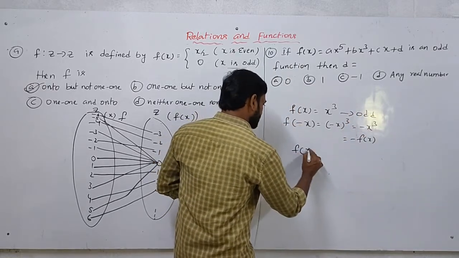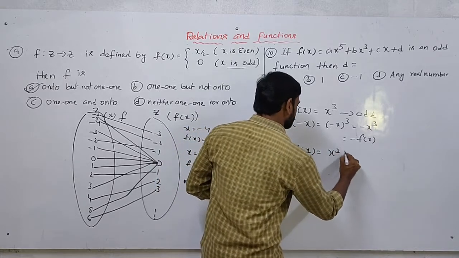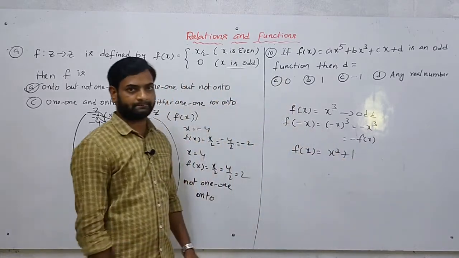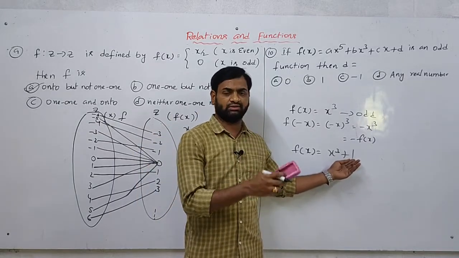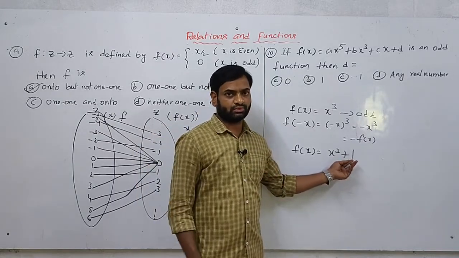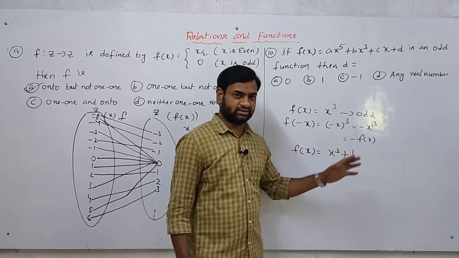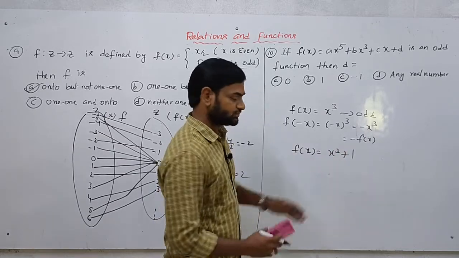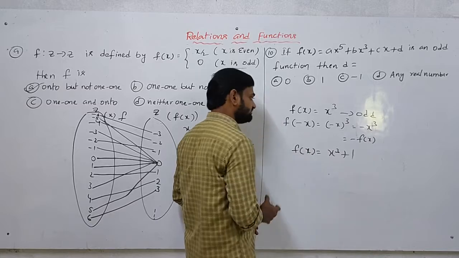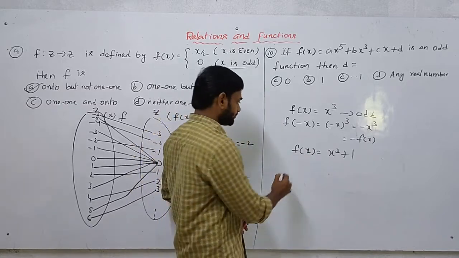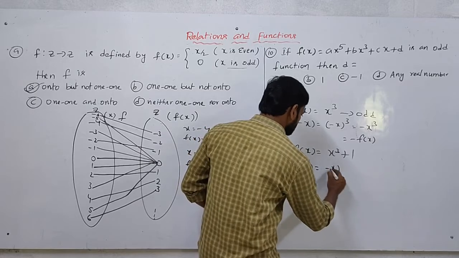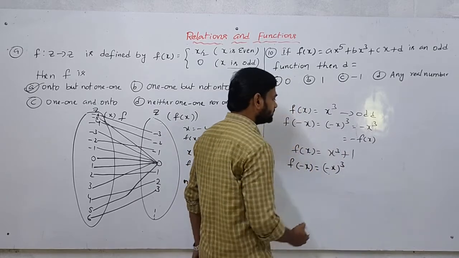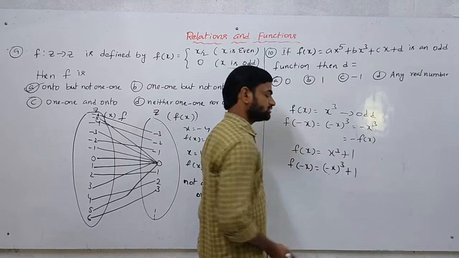Suppose here f of x equal to x cube plus 1. Here the constant you can take anything: 1, 2, 3, 4, anything, 1 lakh also. Suppose I am taking this function. Now I have to check whether it is an even function or an odd function. f of minus x is equal to minus x whole cube plus 1.